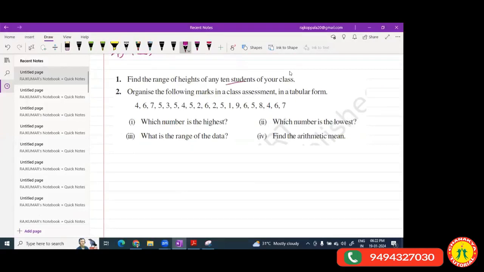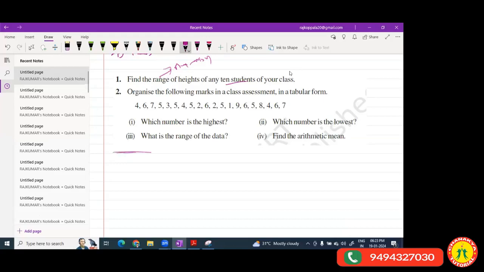This is your own question. You have to get the heights of 10 students of your class. From that, the range is found by maximum minus minimum. Now this one says organize the following data in a tabular form. We have to write this in tabular form.